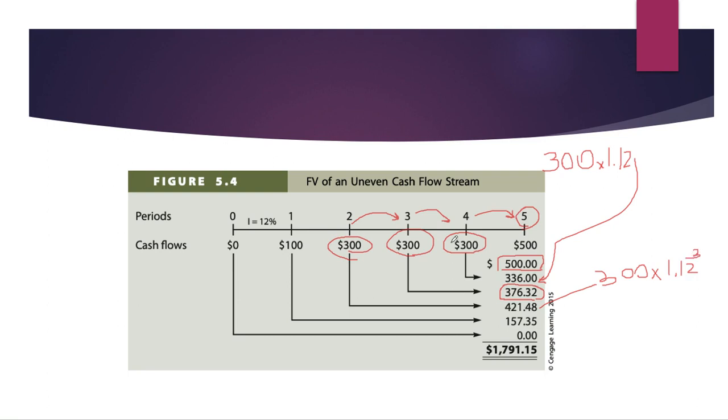That's the cube, because we need to go forward 3 years, and it is compounded by 1.12 to the power 3, and that gives us this number 421. And similarly for this one, you need to multiply with the 4th power of this interest rate, and that gives us this 100 becomes 157.